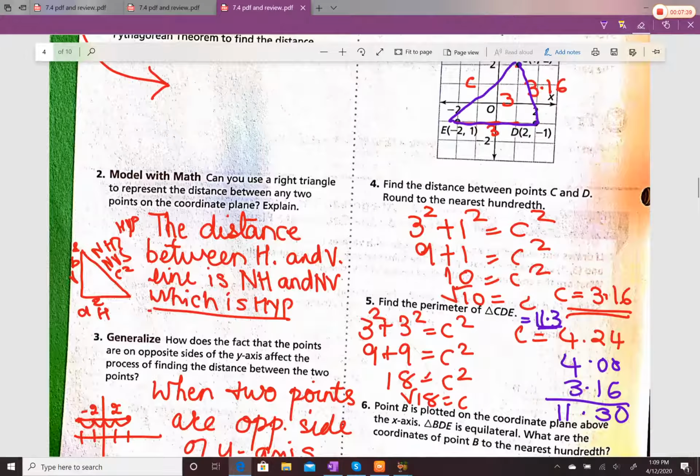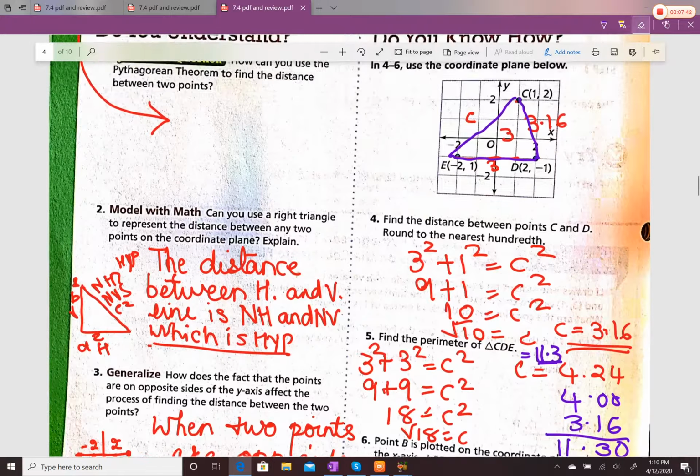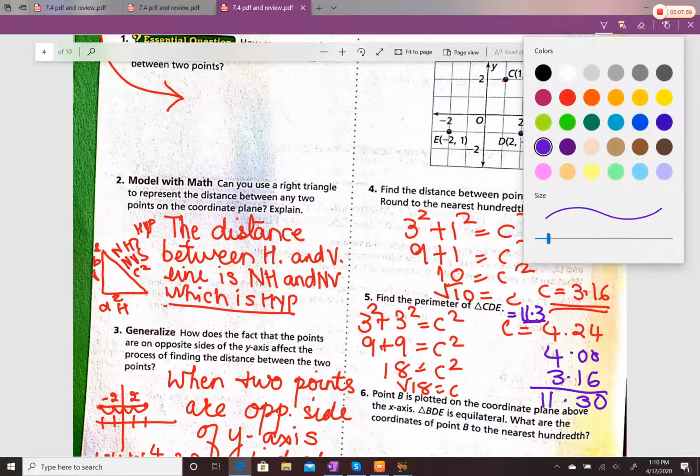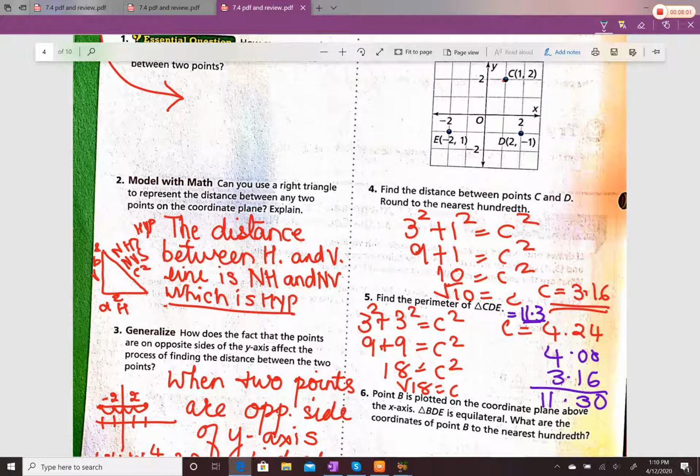Okay, now point B is plotted in the coordinate plane above the x-axis. So my point B, I'll take another marker so you get what we are trying to do.